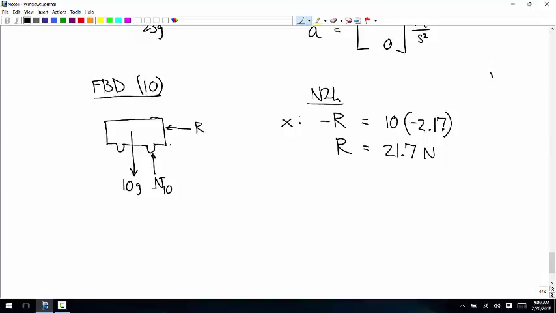It's acting in the negative x direction, so if you wanted this as a vector, that force vector on the 10 by the 5 is negative 21.70. Any questions about that one?